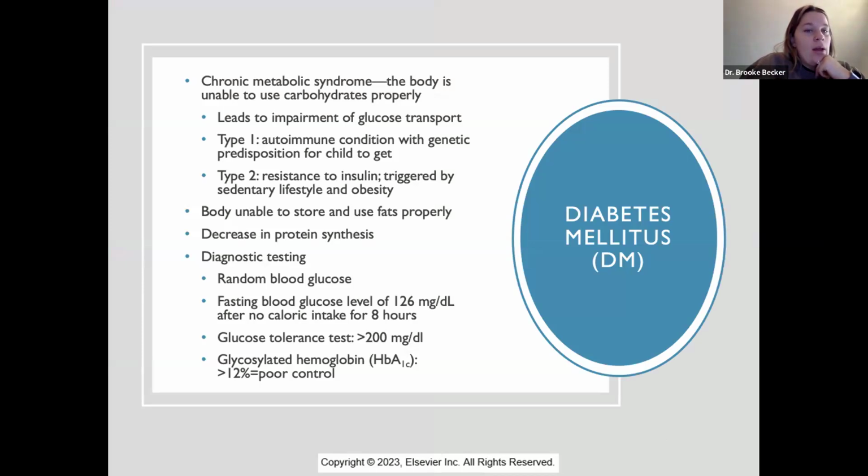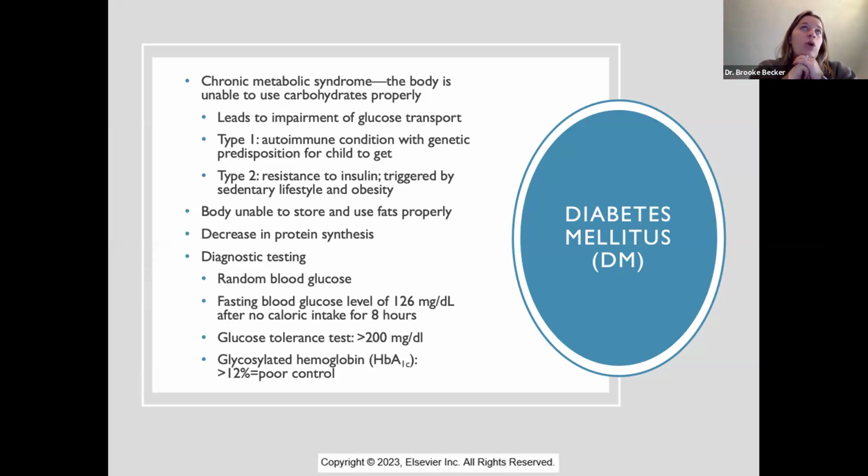Okay. So type 1 is an autoimmune condition. So there's genetic predisposition for these kids to get type 1 diabetes. Kids or people with type 1 diabetes are going to be on insulin lifelong. There's no reversal of it. Type 2 is insulin resistance.